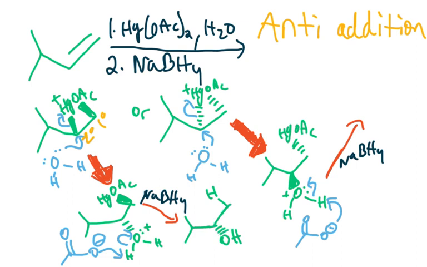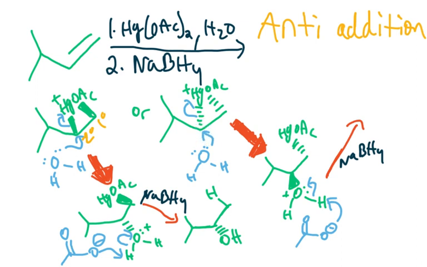And if we look at the other possibility, again, this was dashed, so let's say dash in this case means bottom. If this carbon right here is already bound to this mercury acetate complex, and it's already on the bottom, then when water comes and attacks, it can't attack on the bottom because that space is not free. There's something in the way of water attacking from the bottom.